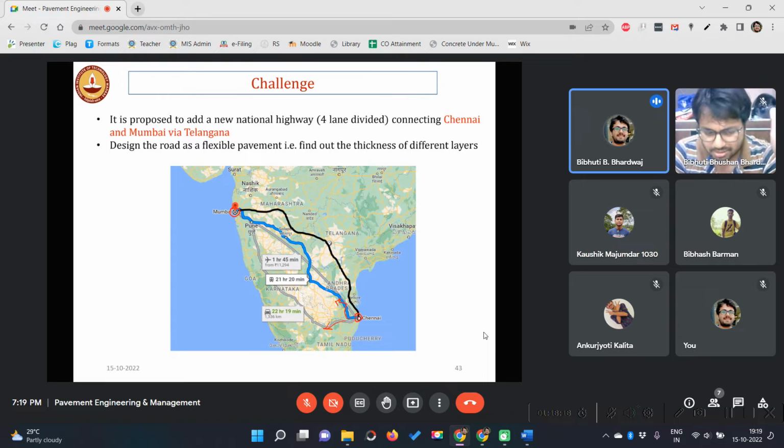And new road means everything is new. Okay, it's not like upgrading some rural roads to national highway, not like that. Everything should be new. New alignment. Basically, I want you to design all the thicknesses of the roads. So, design the road as a flexible pavement. Just find out the thickness of different layers.